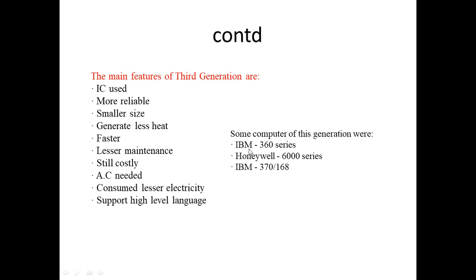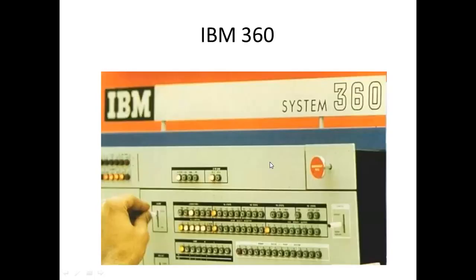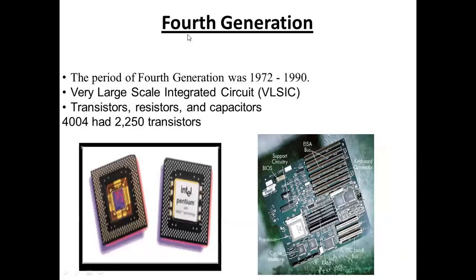These are examples of computers that follow the IC: IBM 360 series, Honeywell 6000 series, IBM 370 by 168. These are examples of computers that follow the third generation. It means they have ICs. This is the diagram of IBM 360. It looks like this, IBM 360.